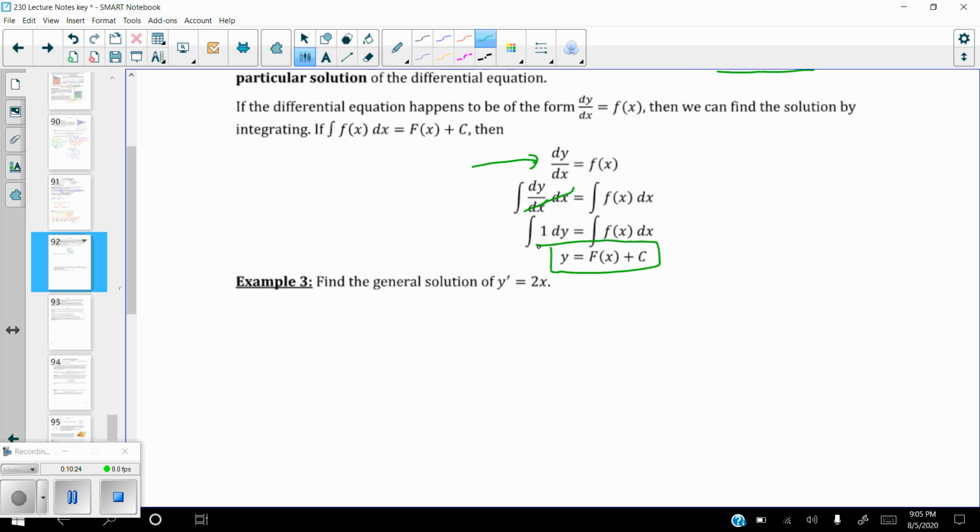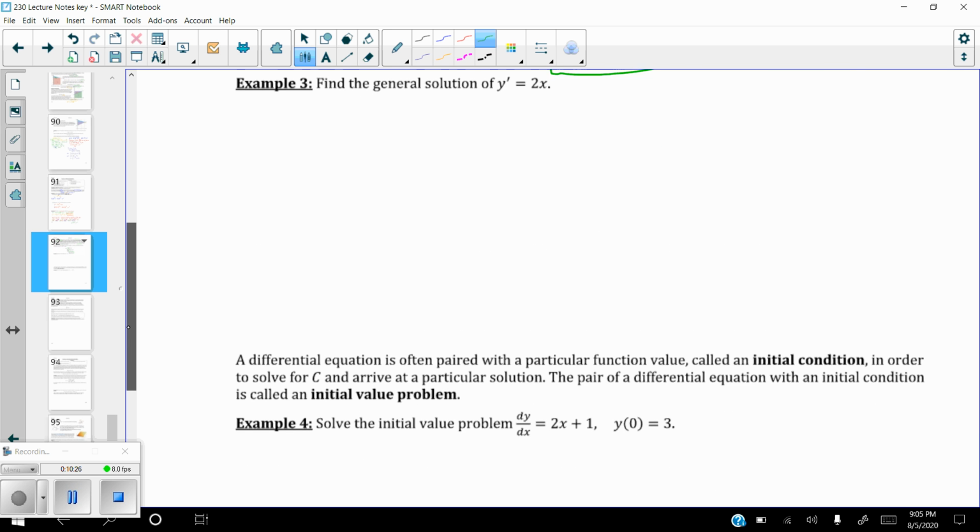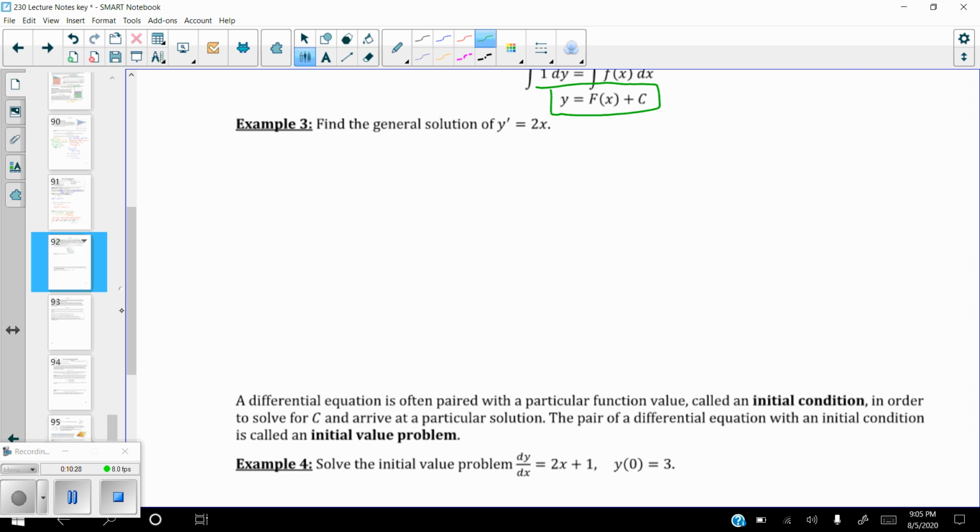So, in example 3 here, y prime can be written as dy/dx, so it follows the right form. So we can write this as dy over dx equals 2x. And then we can go ahead and integrate both sides with respect to x.